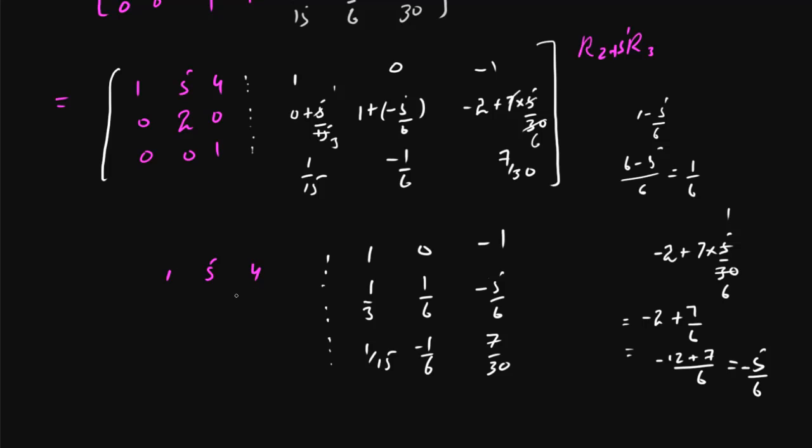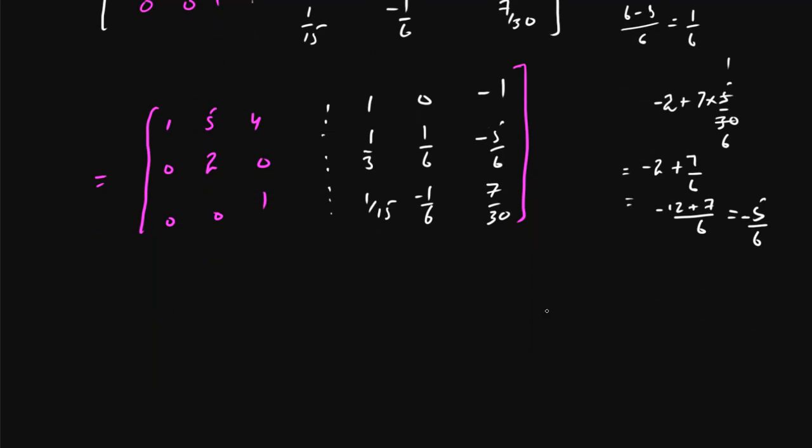and the same value will come here, like we have 1 5 4, 0 2 0 and 0 0 1. What else we are going to do, just going to make that one as well, and for that we simply do 1 over 2 R2. Okay, and we will get 1 5 4, 0 1 0 and 0 0 1.